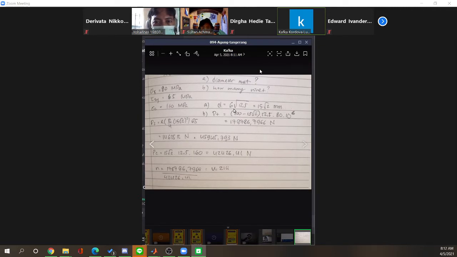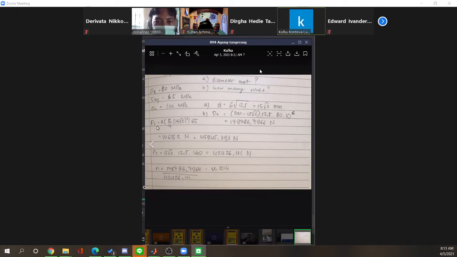Then for how many rivets, first I calculate the load for the tensile. The formula is the width minus the diameter, times the thickness, times the tensile strength. As you can see here, these are the numbers, and the result is this.